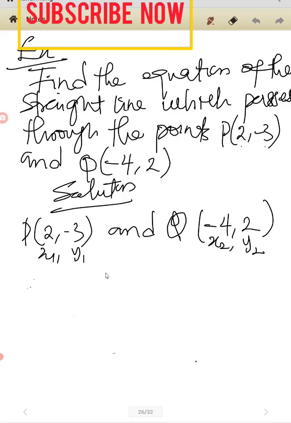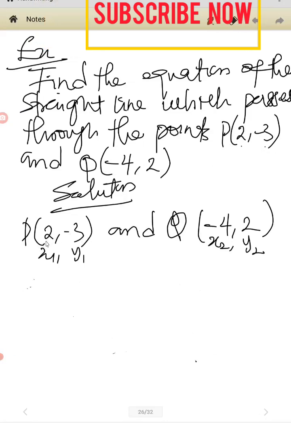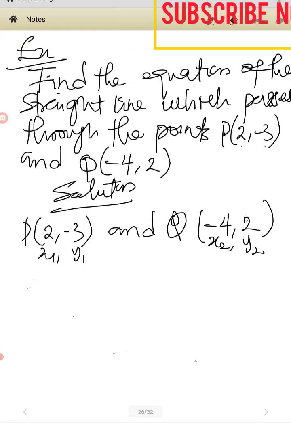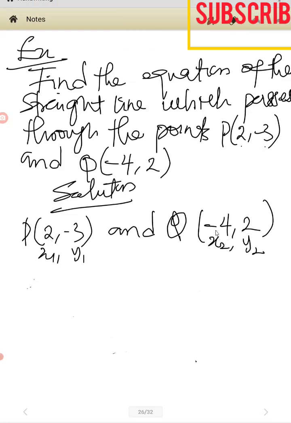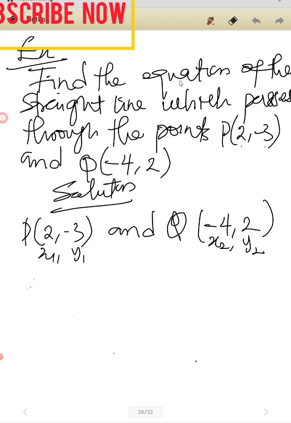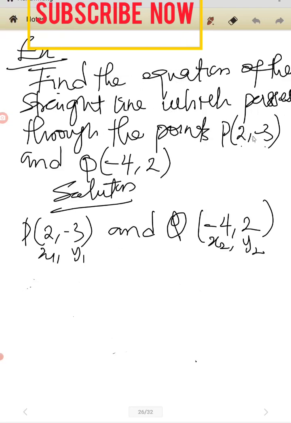Let's solve. The first point is P, which is (2, minus 3), and the point Q is (minus 4, 2). Since it has been written in this form, as I said earlier, for any point given, x and y are the point. It says find the equation of the straight line which passes through these points.